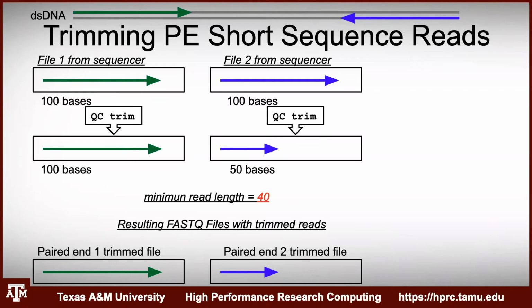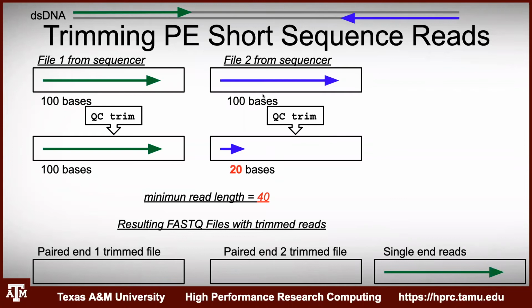Whenever we're trimming, there is typically a minimum read length cutoff. So we'll say get rid of any read that's less than a certain number. The example is 40. So we trimmed read 1 and read 2, and we still maintained 100 bases here and 50 here, and this would be the result of the trim files, right?